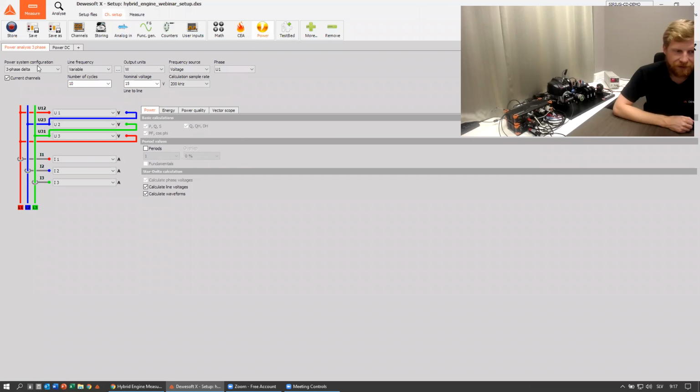For the power measurement, we have here two modules. So one is the power analysis of the three phases. We selected three-phase delta wiring for the electric motor, and we just need to link all our channels for voltage inputs and all our channels for current inputs. We need to also select what is the nominal voltage from line to line, and from where we get the frequency source.